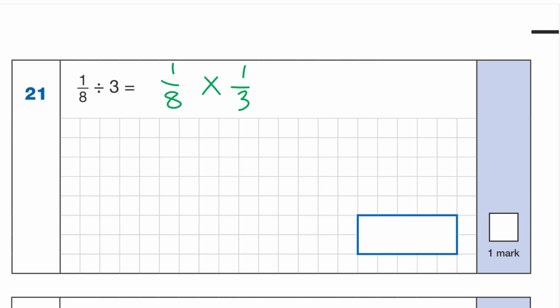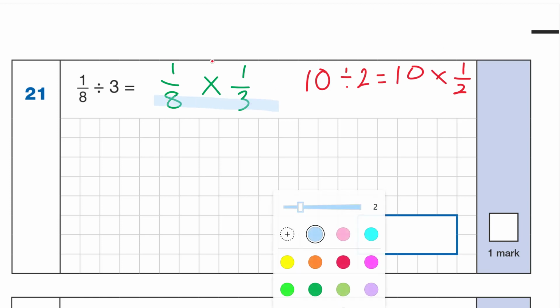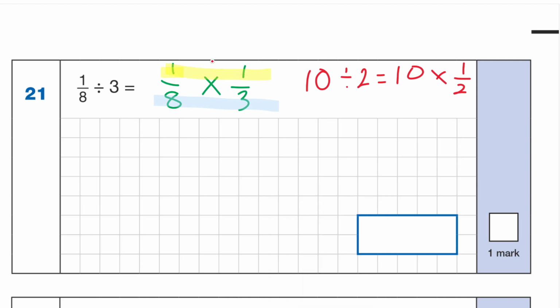To give you a quick bit of proof, 10 divided by 2 is the same as 10 times a half. 10 times a half is the same as half of 10. We know that both of those answers are 5. But if we change it to 1/8 times a third, it makes it a bit easier because we know that with fractions, when you're multiplying, you just multiply the top and you multiply the bottom.